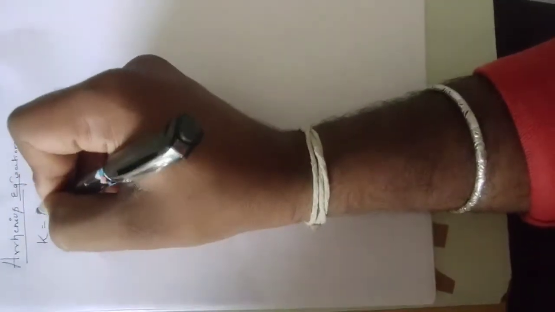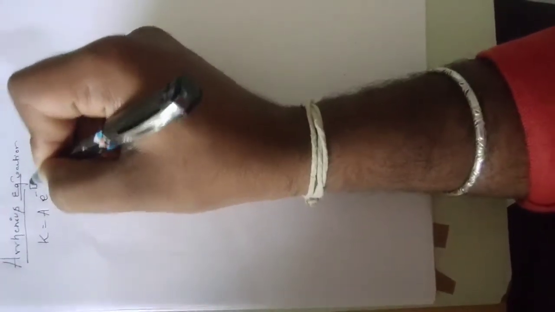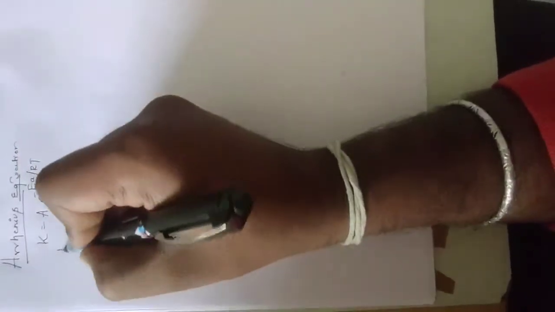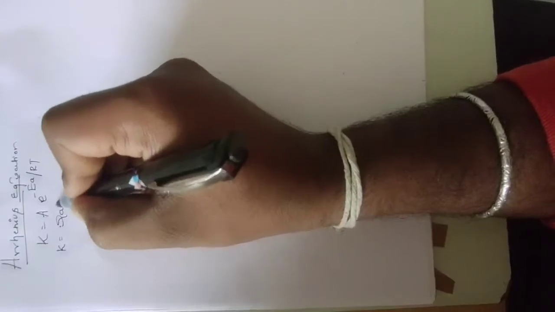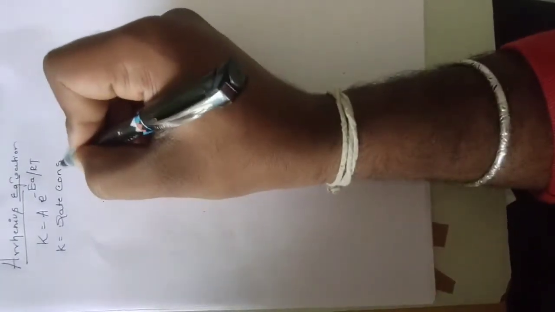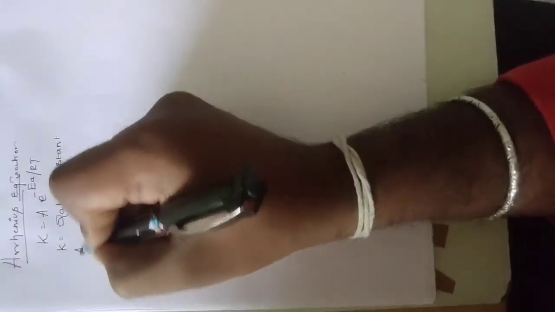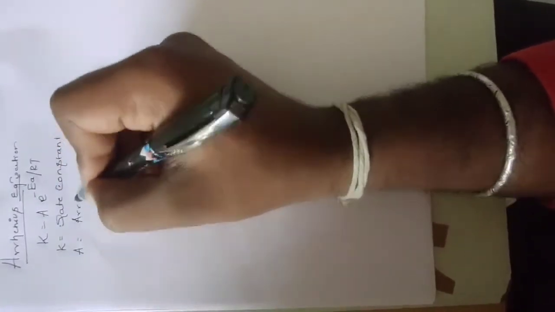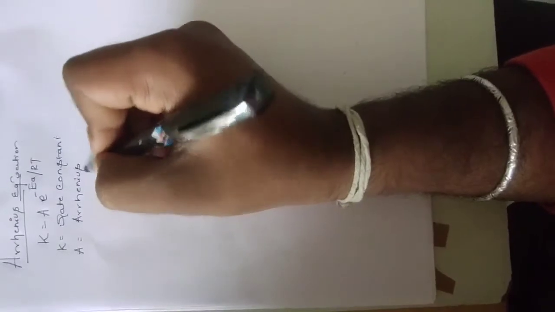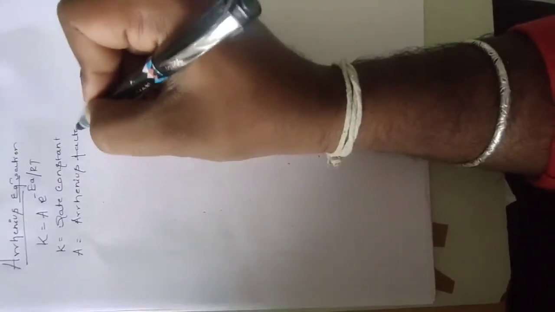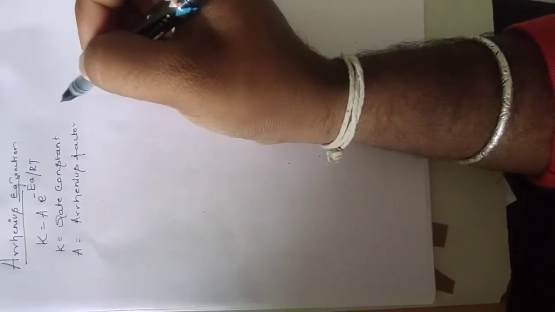Arrhenius equation. We do not have to derive the equation for your PU. Straightly we will write K is equal to A e to the power of minus EA by RT, where K is the rate constant or velocity constant. A is the Arrhenius factor.